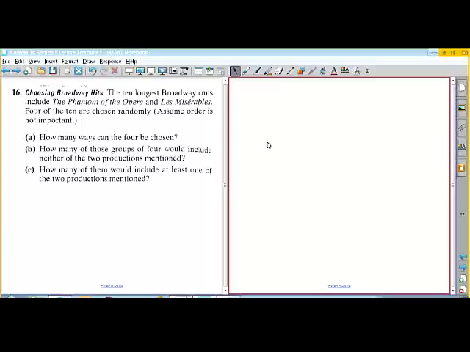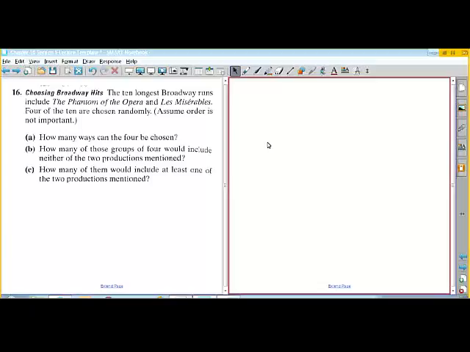And in this case, it tells you that order is not important, so it kind of gives that away. And secondly, for combinations, you don't allow repeats. You wouldn't watch Les Mis twice. You could, because it's really good, but you probably wouldn't if you were picking 4 different ones. So we can use combinations.